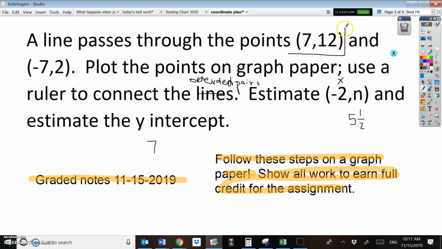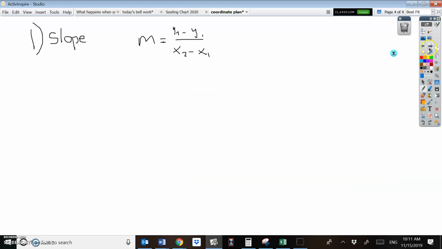(7, 12) and (-7, 2). This is our first ordered pair, and this is our second ordered pair.